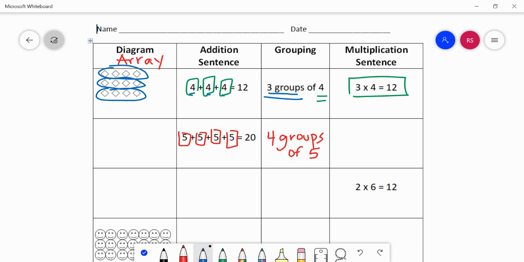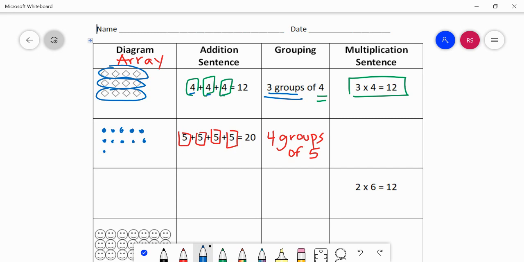So let's go ahead and draw. It's up to you. You can draw stars, triangles, circles, whatever is best. I'm just going to draw dots. So I have 1, 2, 3, 4, 5. This is 1 group of 5. Well, now I need 4 groups of 5. So I'm going to draw another group of 5.